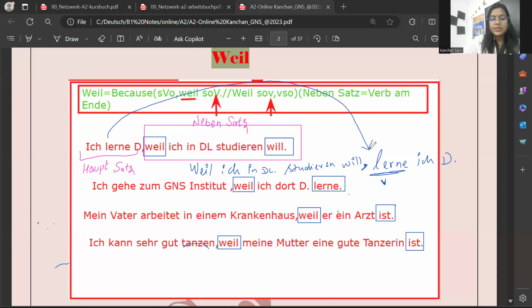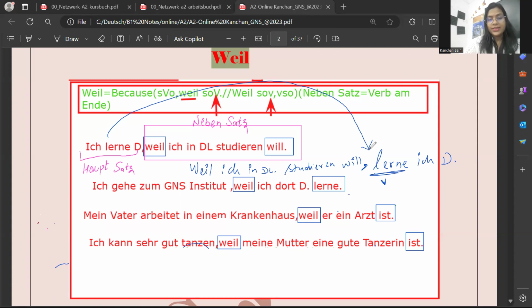Next. Daksh, can you try the last sentence? Daksh, are you there? Then Nikita, can you try the last sentence? Okay.